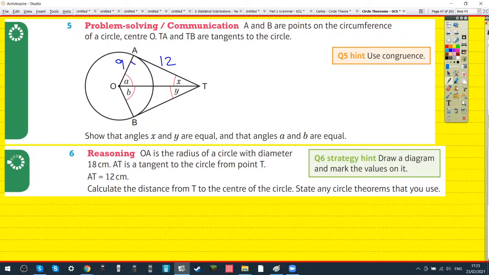The angle A is a right angle. And so there's a right angle triangle. It's a right angled triangle, and so how would you get the length of OT? It is Pythagoras.